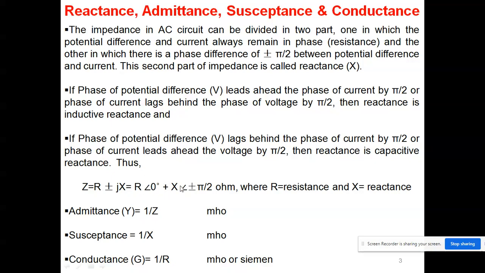That is known as the resistance. But the second part has a phase difference of plus or minus pi by 2. That second part of the impedance is known as the reactance.